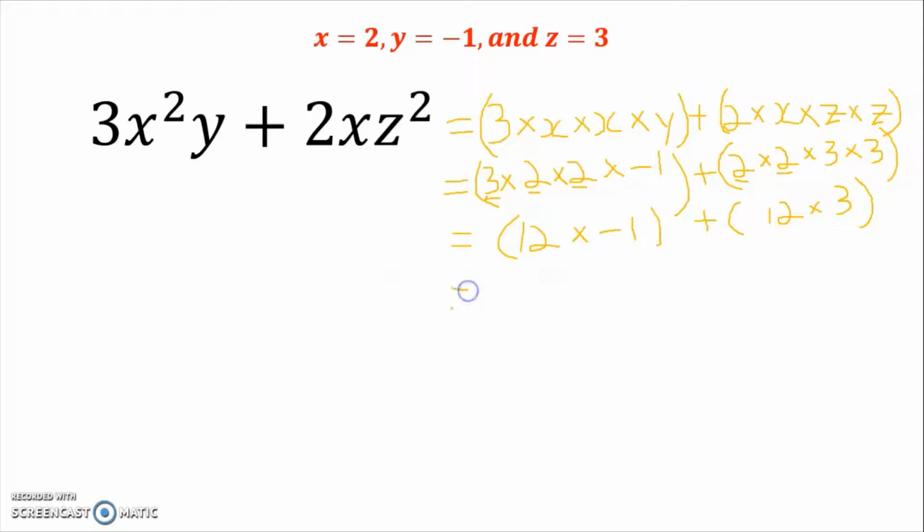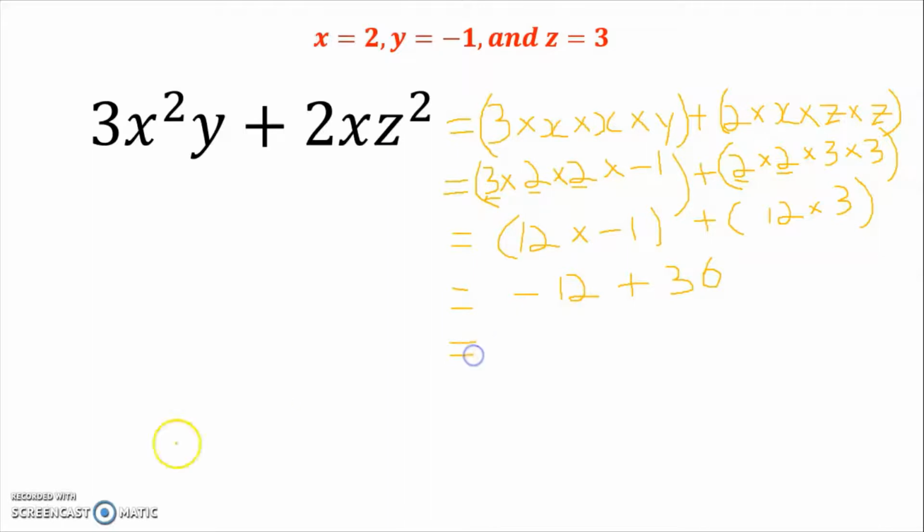Now 12 multiplied by -1: a positive multiplied by a negative is a negative, and 12 times 1 is 12, so we get -12. 12 times 3 is 36, positive 36. So we get -12 plus positive 36.